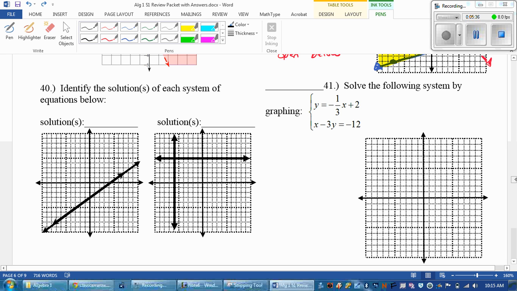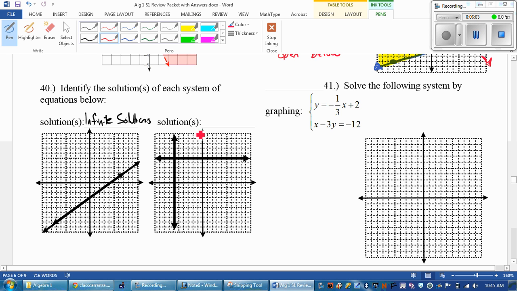Number 40 says to identify the solution of each equation. Now, number 40 might be a little hard to see, but there are 2 lines on top of each other. And if there are 2 lines on top of each other, that means infinite solutions.